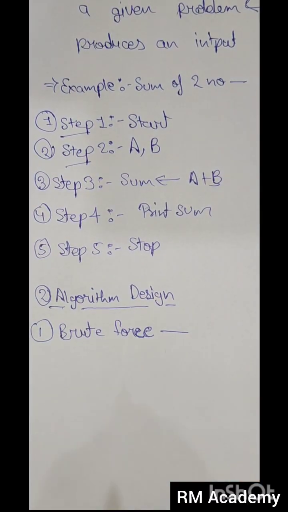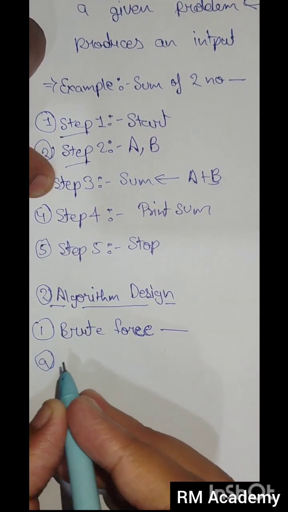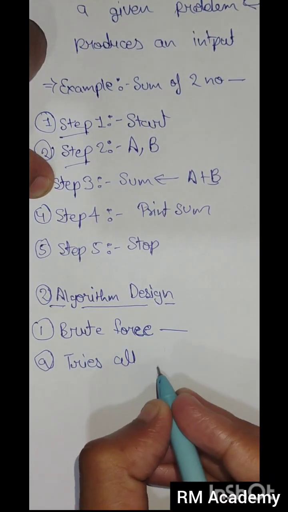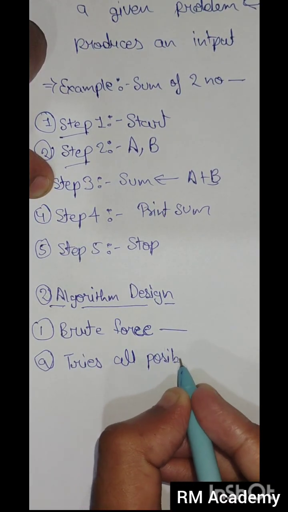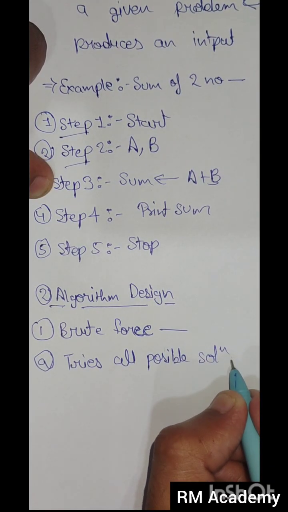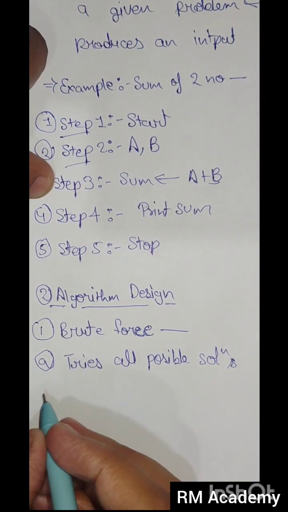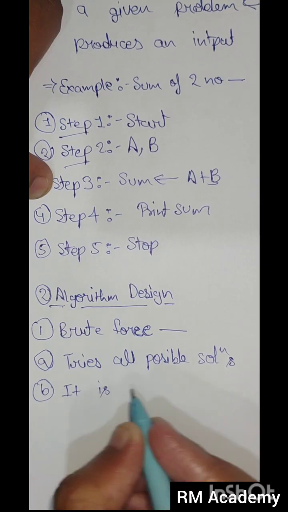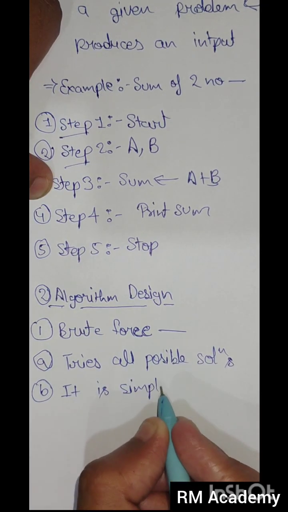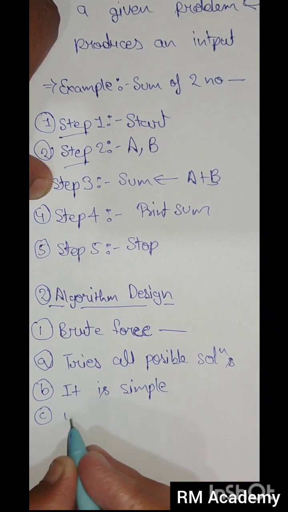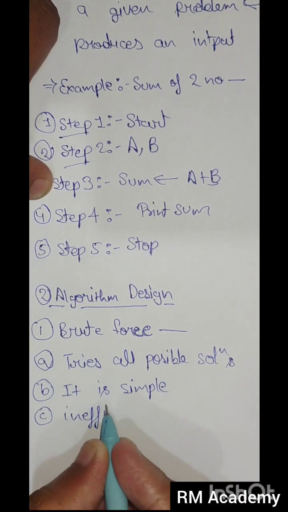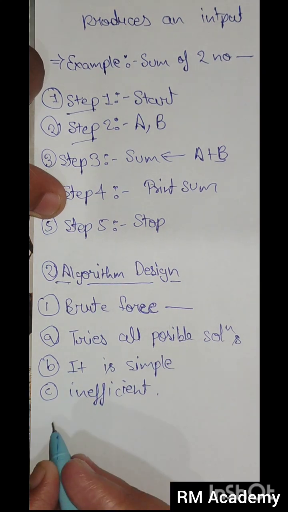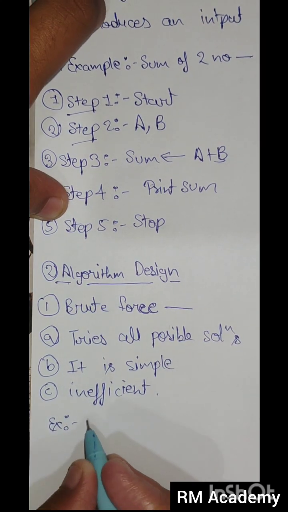In brute force, it tries all possible solutions. It is simple to implement, but it is inefficient, not very useful, and it takes very much time. An example for brute force is linear search.